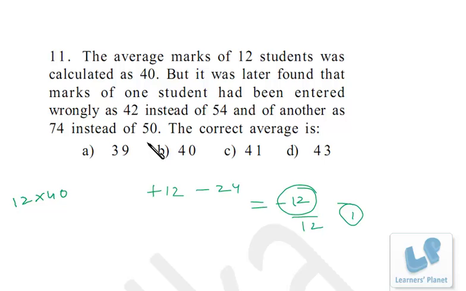So whatever is the loss we have compensated over here, and whatever the gain, that means extra, we have deducted over there, right? So in all plus 12 and minus 24, minus 12 is there in the total. To find out the average I have to divide this loss by 12. So in all 1 is lost in average. So initially the average was 40, now it will be 39. Okay.